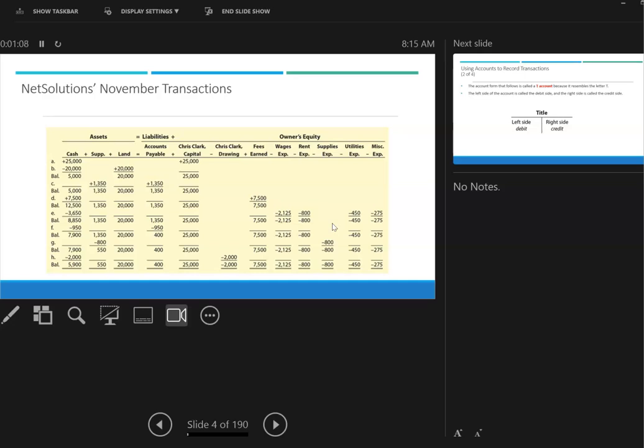But you'll know it's a liability because it has payable after it. It will always have payable. Another thing, revenues usually have the word earned or revenue after it, or sales or revenues. And you'll know it's an expense because what's it going to have after it? Expense. Except prepaids, which we'll talk about in a minute. Okay?